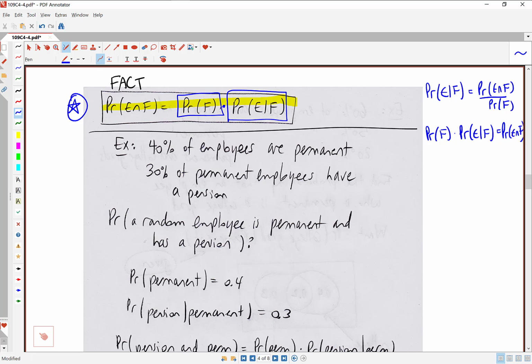These two probabilities need to be multiplied because you're really thinking about the sequence of events. Make sure that F happens, and then given that F has already happened, now make sure that E also happens. I think the intuitive way of reasoning through it is probably more powerful than just unraveling the formula like we did over here. So let's see if we can apply this fact.